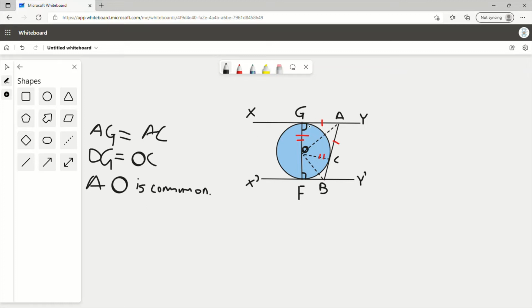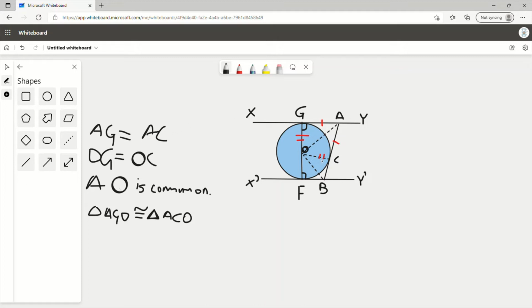So we can say the triangle AGO is congruent to triangle ACO by, I think, SSS congruency, but we don't need to write that down.